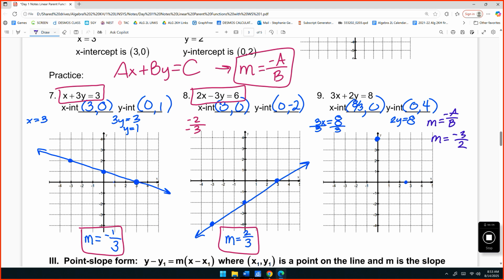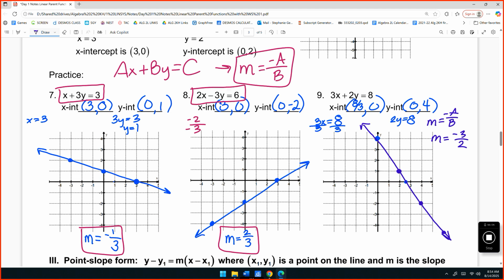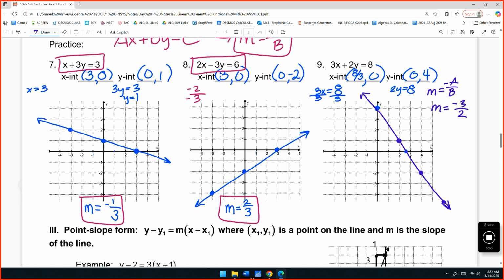I can go down 3, right 2. Down 3, right 2. Down 3. And then that estimate of our x-intercept should come close, right? You should go, okay, I estimated that pretty good. But we always want to have accurately plotted points, okay? So this little shortcut is going to come back. We're going to come back to it, especially tomorrow, okay? All right. So far, so good?